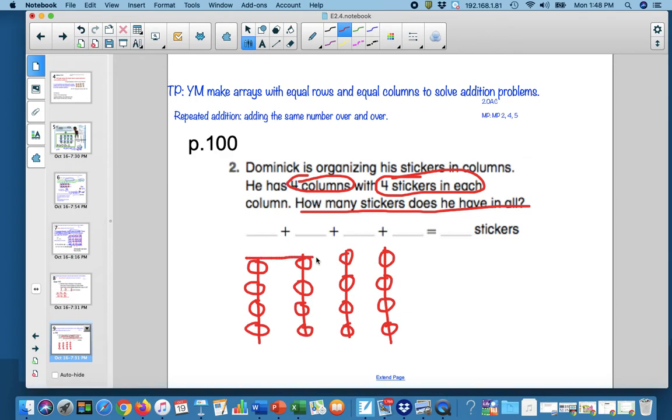Once again, I know that this is an array because there are an equal amount in the rows and the column, and it makes a rectangle.